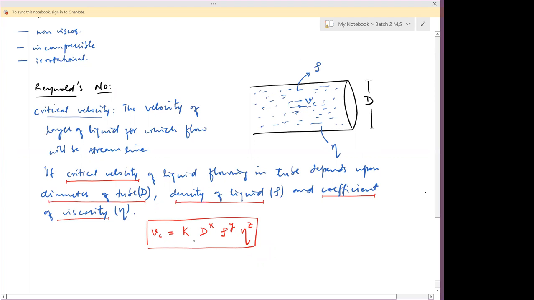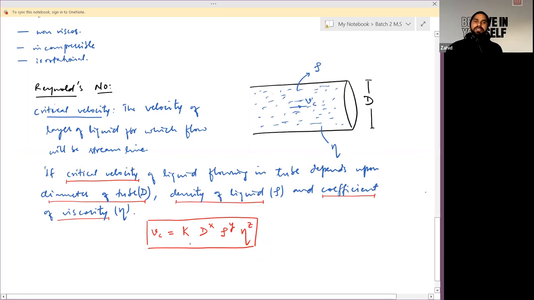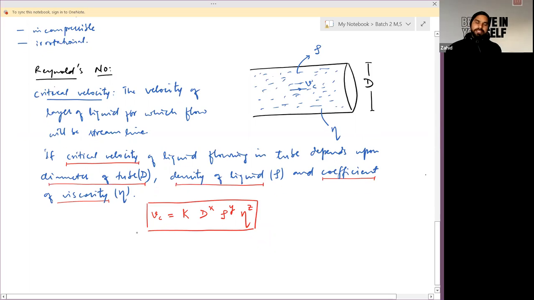Okay. Now, according to the rule of dimensional analysis, just write the dimension of each term on each side. So we have velocity on the left side, which has dimension M^0 L^1 T^-1. K is a proportionality constant with no dimension, so just neglect it. D, diameter, is nothing but length, so we can write L raised to x.